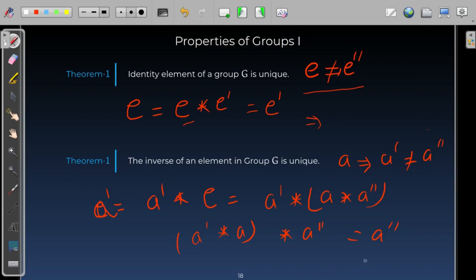So A dash is equal to A double dash, which is again a contradiction of the assumption that we made here. So the inverse of a group element is also going to be unique.